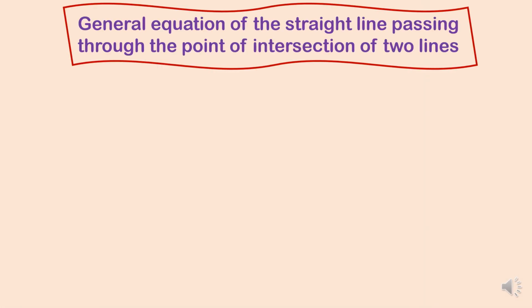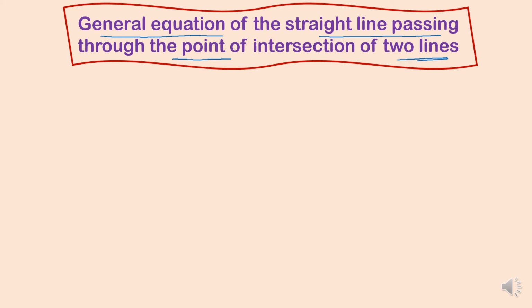The last lesson is called the general equation of the straight line passing through the point of intersection of two lines. So the required is to find the general equation of a straight line passing through the point of intersection of two lines.